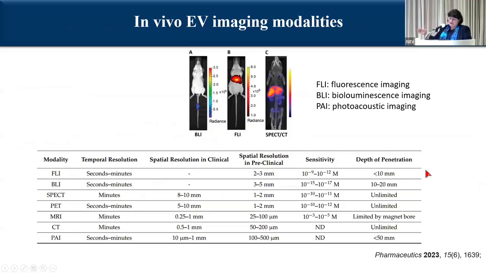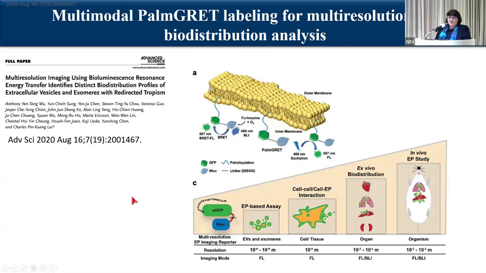There are numerous EV imaging modalities, from fluorescent imaging through bioluminescent imaging, SPECT, PET, MRI, CT, and photoacoustic labeling. But recently, the multimodal, multi-resolution PalmGRET labeling has gained a lot of traction.